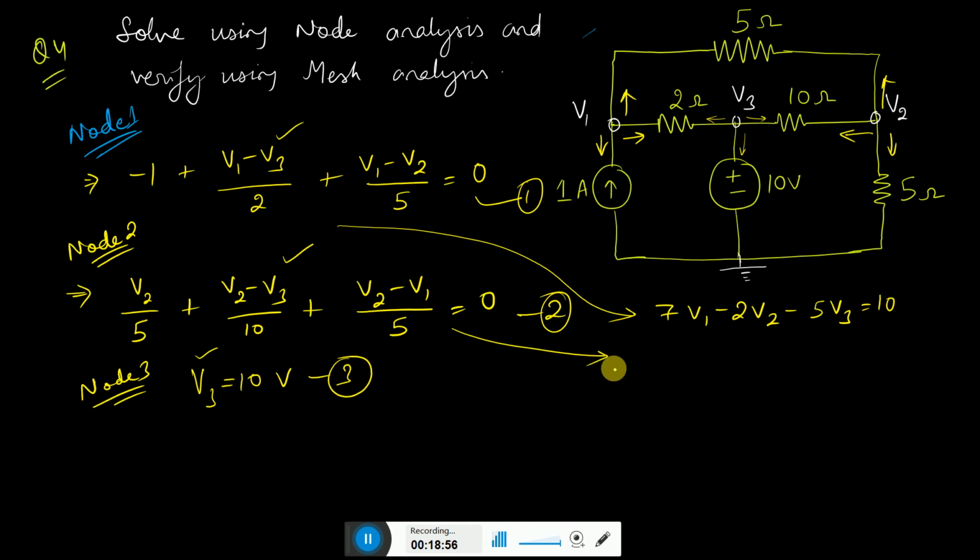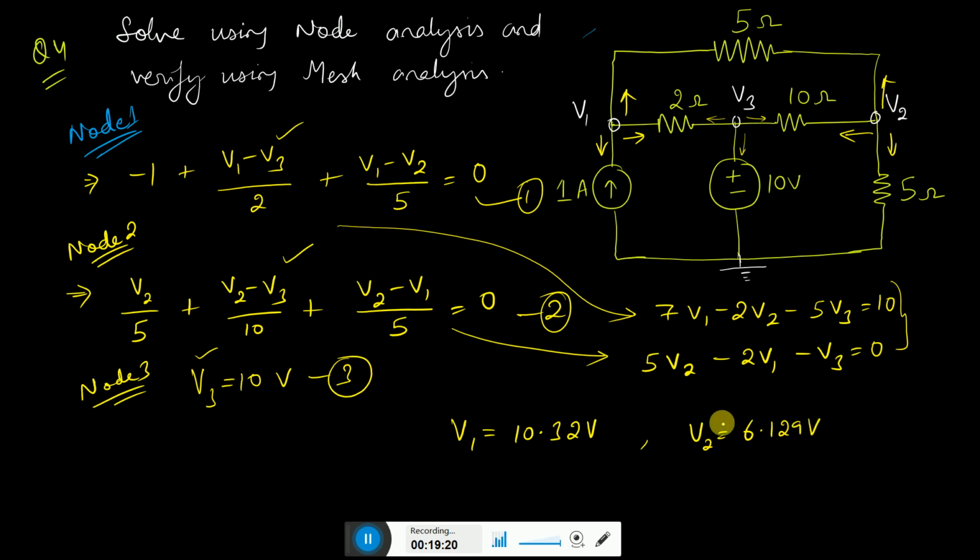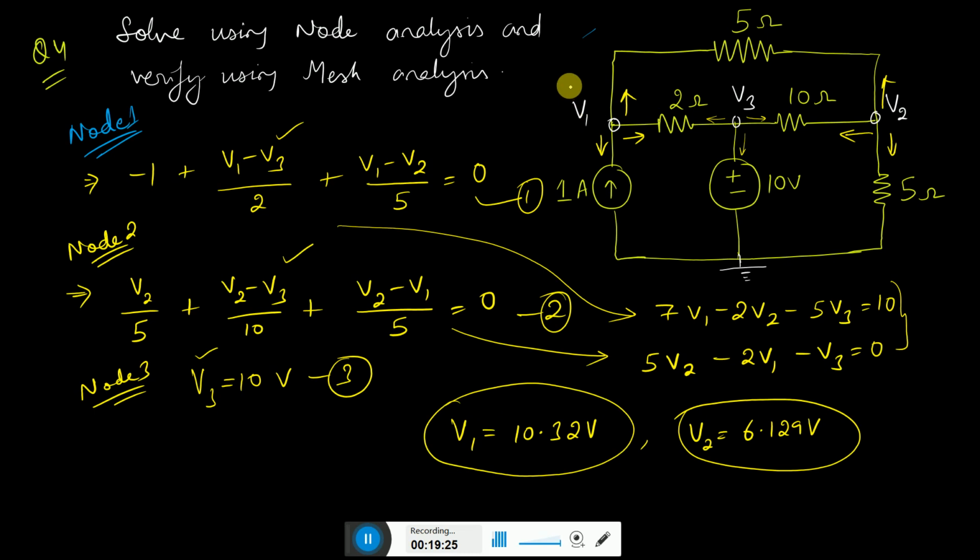Rewriting equation 2, we get 5V2 minus 2V1 minus V3 equals 0. Substituting the value of V3 and solving, we finally get V1 equals 10.32 volts and V2 equals 6.129 volts. So that is the value of V1 and V2 we get.